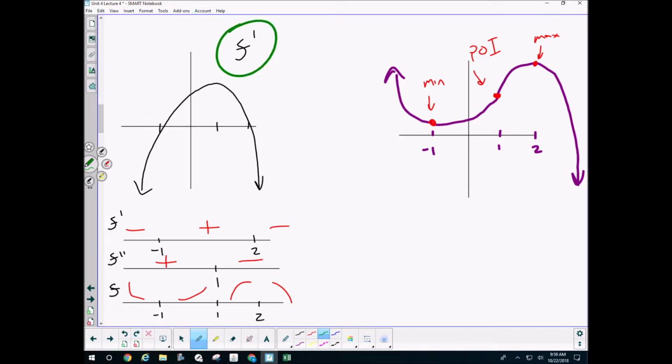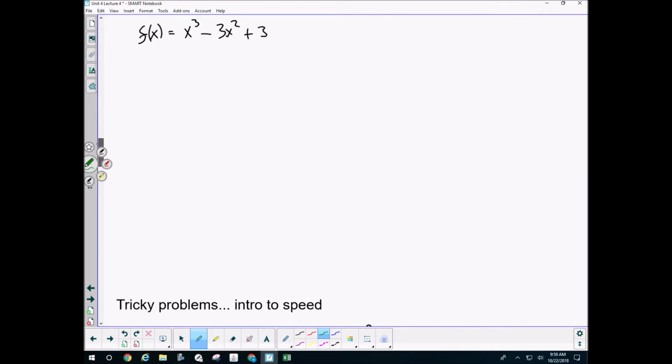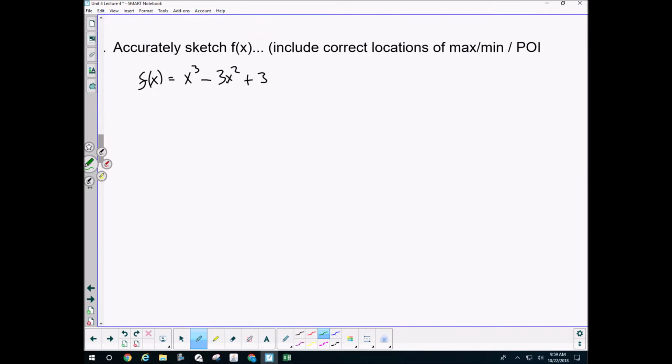But what we will know is exactly what a function will look like if I'm given the expression for the function, if I'm given what f of x is equal to. Now, I can do a fantastic job sketching what this looks like, where the max is, where the min is, where the points of inflection are.